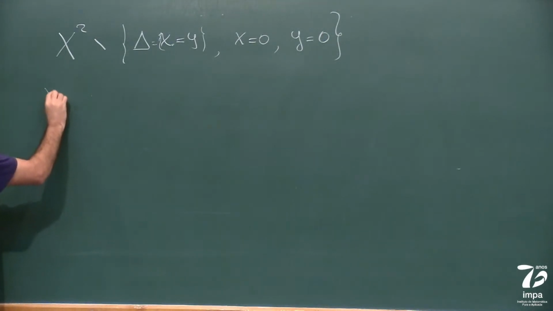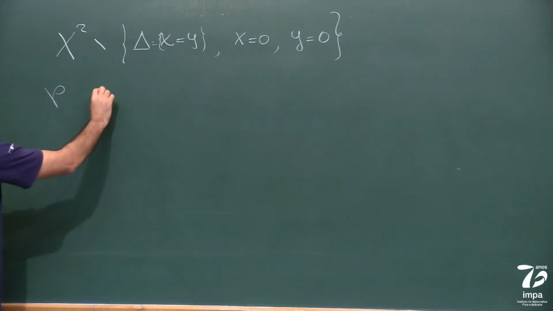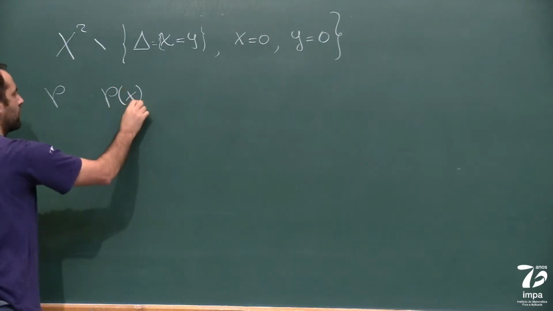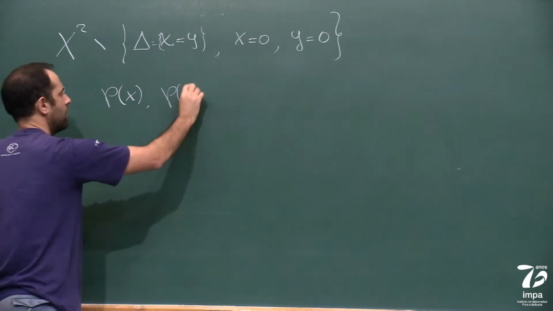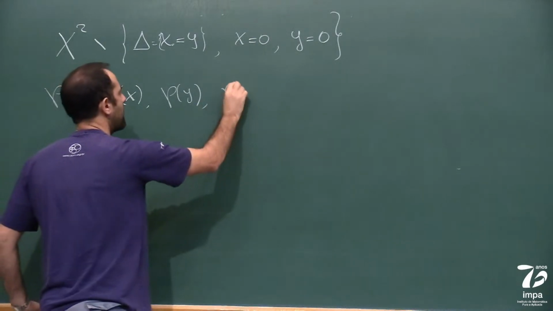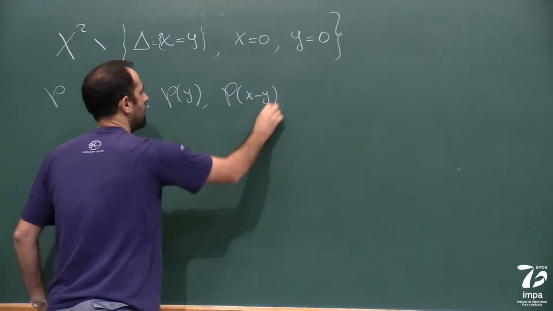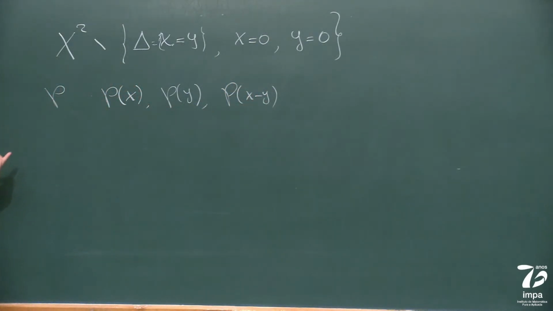When I write p, I could mean p of x, or p of y, or p of x minus y. And these are not linearly independent in the de Rham homology. I can trade one for the other by taking derivatives of another function.